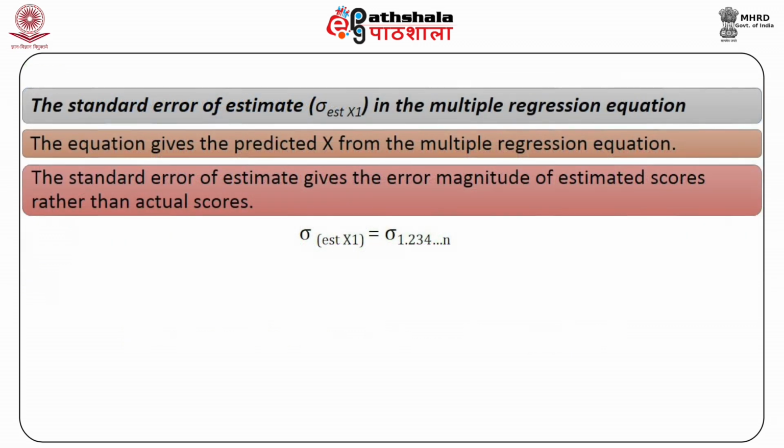The standard error of estimate is given as sigma est x1 in the multiple regression equation. Equation 4 gives the predicted x from the multiple regression equation. The standard error of estimate gives the error magnitude of estimated scores rather than actual scores.